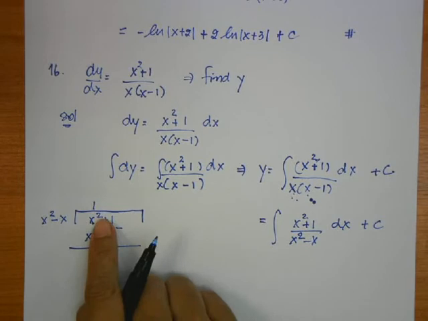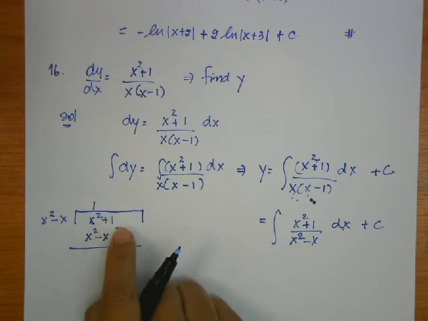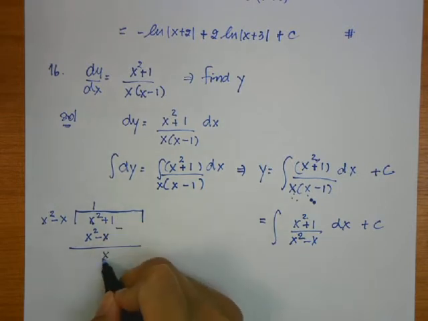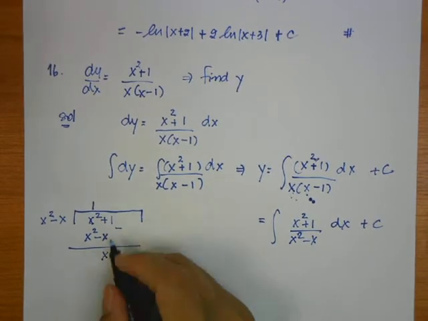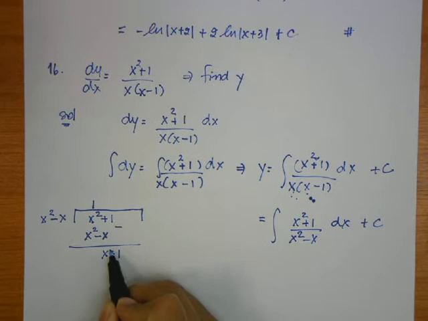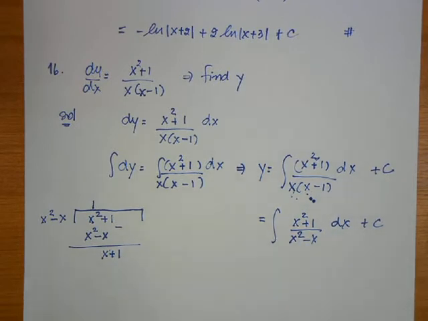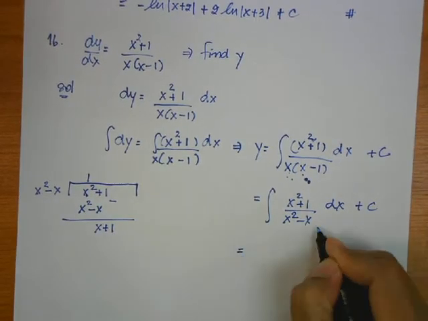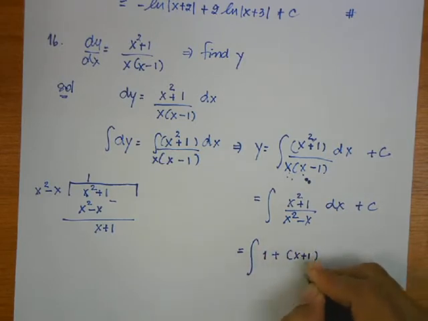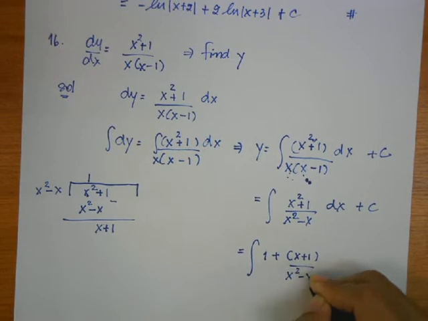Up here you have no x term, so you would have 0x minus minus x equals plus x. And you have 1 here, put it down. Now your x here has the power of 1, which is less than this one already. So we write it again: 1 plus x plus 1 divided by x squared minus 1.